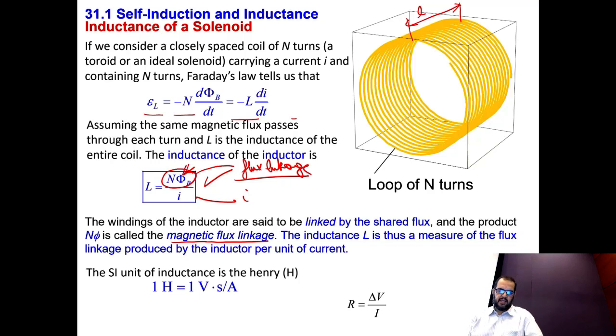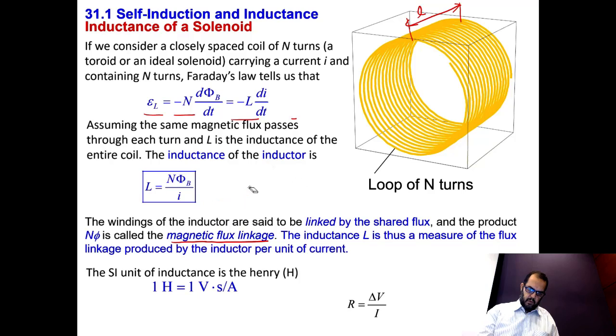The unit for inductance is the Henry. What do we know? The magnetic flux is B, which is in Tesla, times the area, which is meter squared.